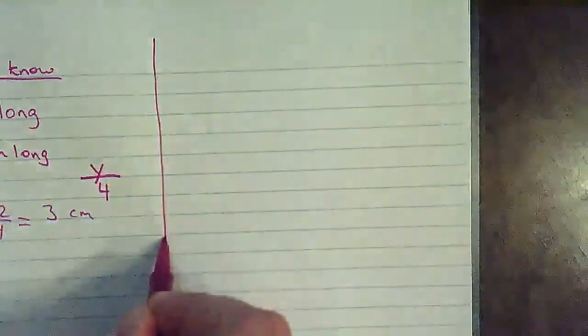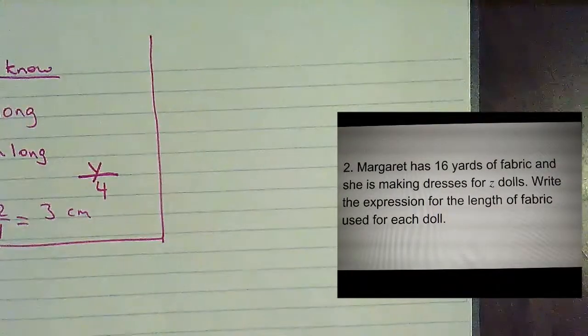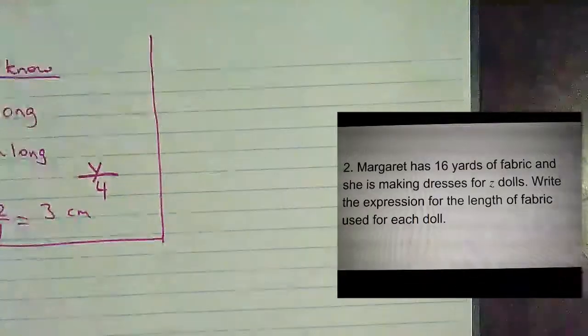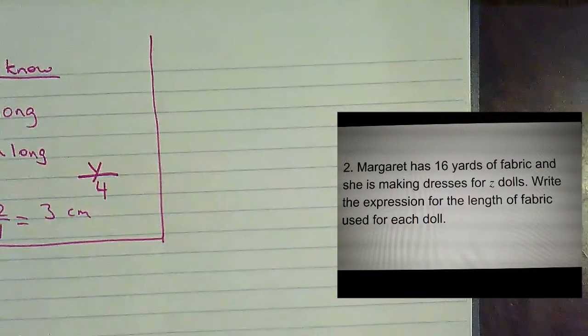Our second problem is: Margaret has 16 yards of fabric and she is making dresses for Z dolls. Write the expression for the length of fabric used for each doll. So what I would like y'all to do is to go ahead and figure out what we're going to do for this one.